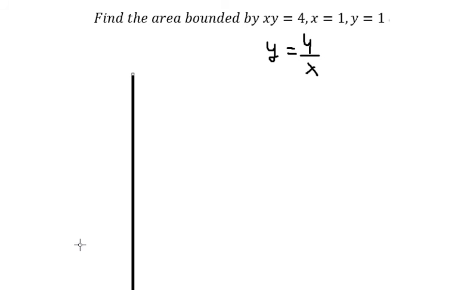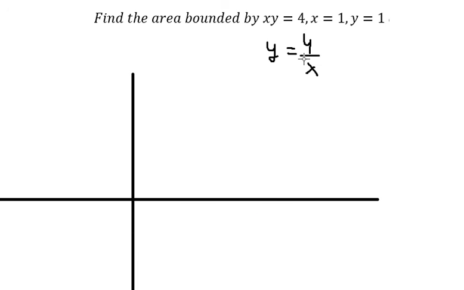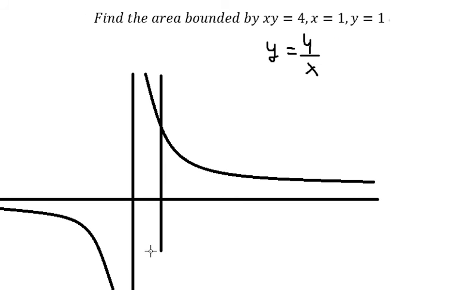So, the graph of this one should be like this. s equals 1, the graph of this one should be in here. y equals 1, the graph should be like this.